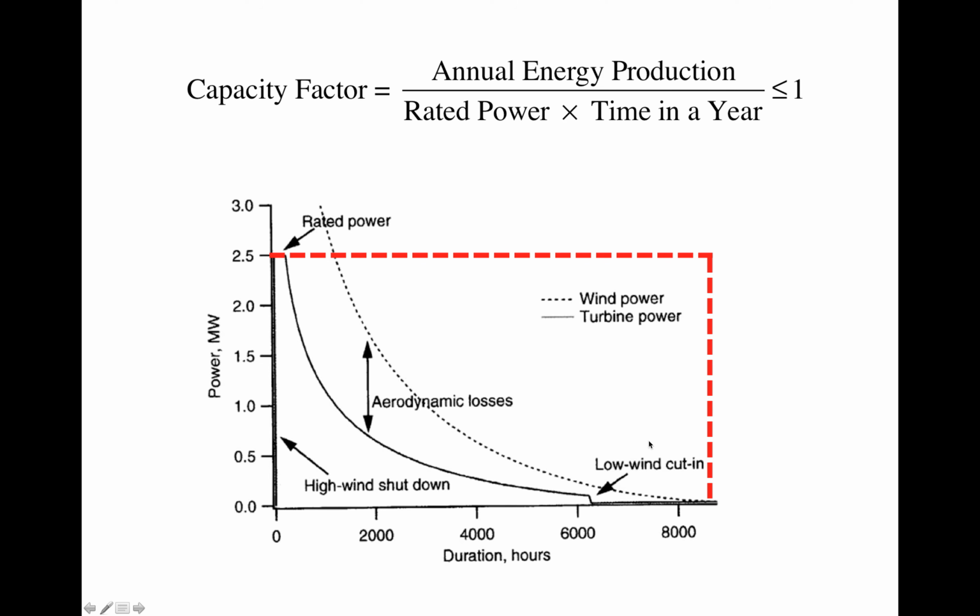So the capacity factor is just the ratio between the area underneath the power duration curve of the wind turbine and the area underneath this red dashed line.